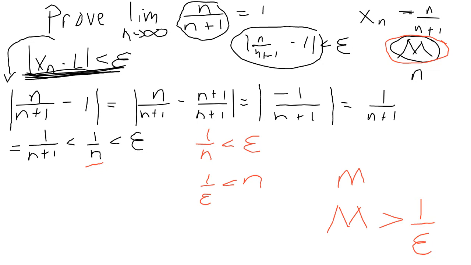Yeah, we can do it in a sequence now. n minus l is the same thing as 1 over n plus 1, right? Yes. Where did we end up thinking that 1 over n would be less than epsilon itself? I know 1 over n plus 1 is less than 1 over n, but I'm not seeing where 1 over n would be less than epsilon.